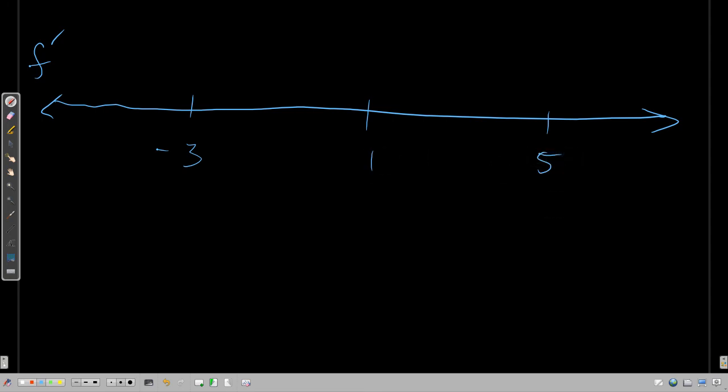So I'll pick, maybe these are my critical values. Maybe it's undefined here and 0 here and 0 here, let's say. And if they say that these are the signs in each of those intervals, then I can immediately translate that into increasing and decreasing, right?